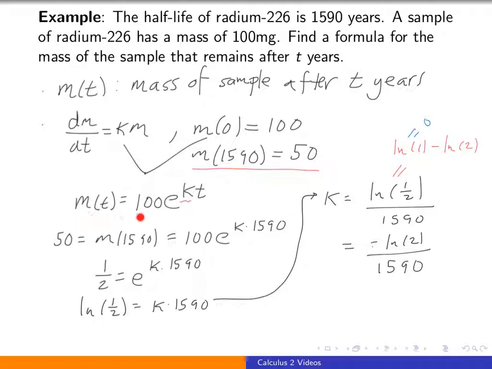We can now combine things together. We have our formula for the mass in terms of the unknown constant k, and we've solved for k. So the mass of the sample after t years is 100 e raised to the minus ln of 2 over 1,590 times t.